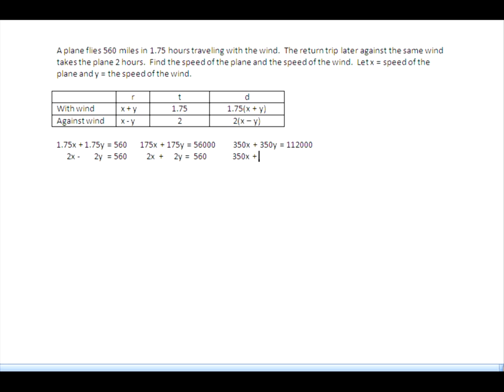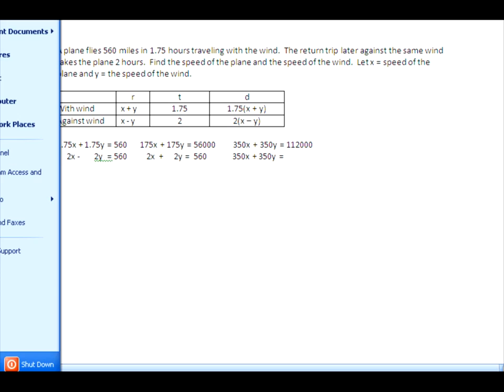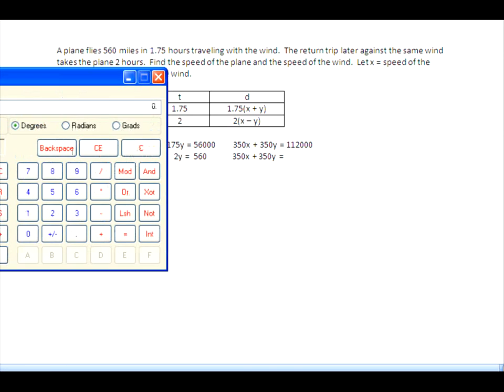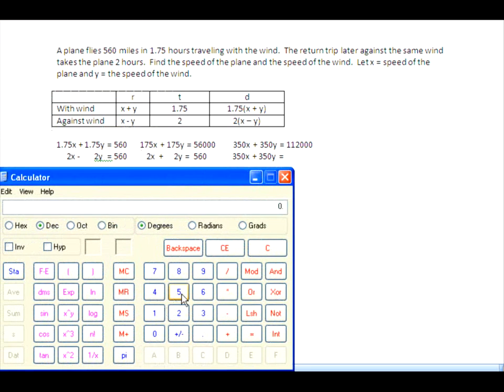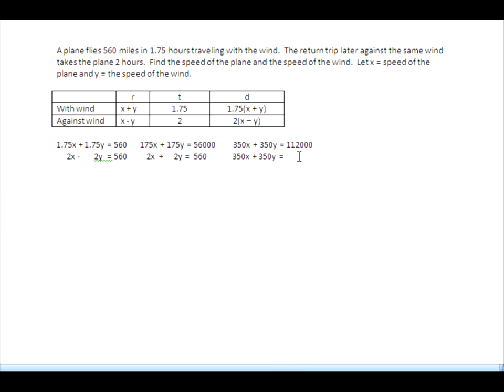So we have 350x minus 350y is equal to, and then we'll use our handy dandy calculator. I guess we could multiply that by hand, but it would be a lot easier using our calculator. 175 times 560 gets us 98,000. Okay, so we're going to work with those two equations. That should be a minus sign throughout there, folks. Sorry about that.